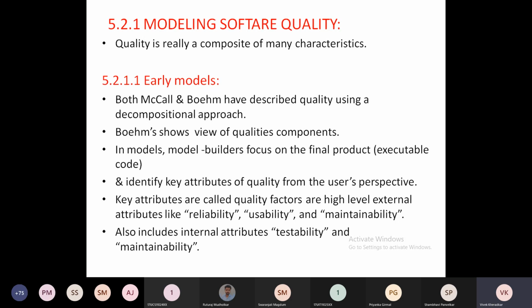These attributes depend on many internal attributes, so they are decomposed into internal attributes like testability and maintainability, by which we can measure them. These are measurable directly. We have direct metrics for them, and those attributes are called quality criteria.